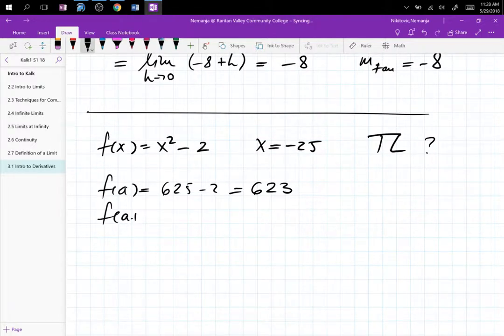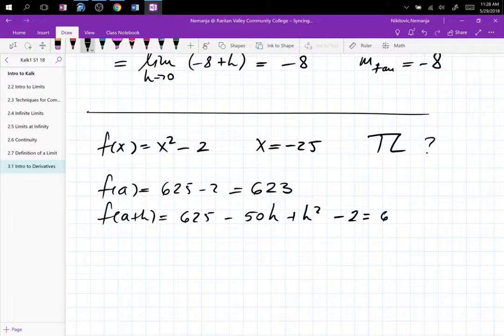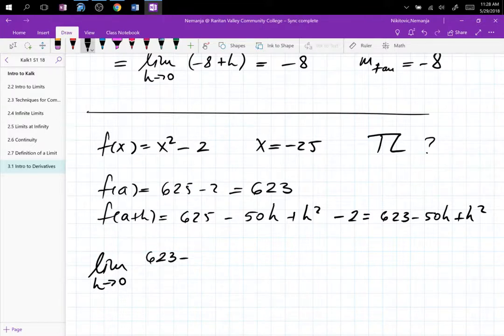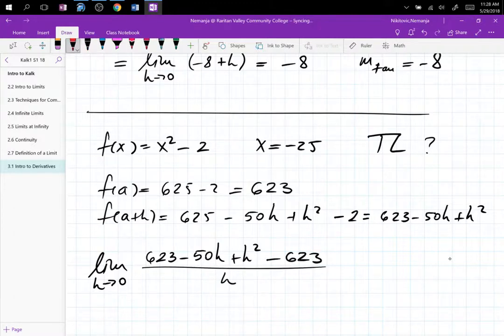And then f of a plus h, when we square that, we get 625 minus 50h plus h squared minus 2, for a total of 623 minus 50h plus h squared. And now we do the limit again, of h goes to 0, 623 minus 50h plus h squared minus 623 divided by h. 623 will drop.